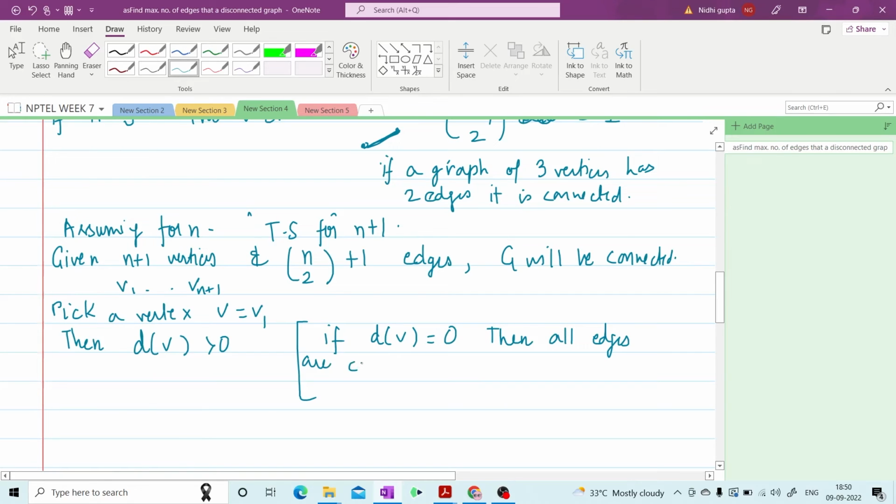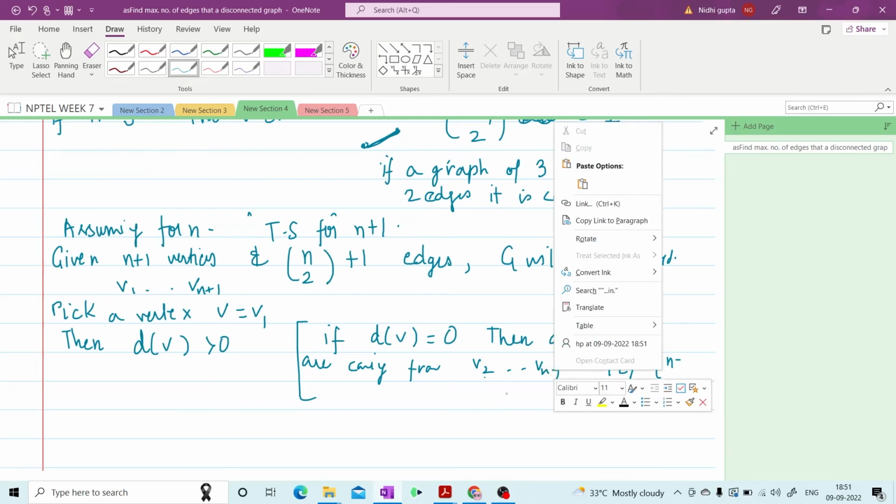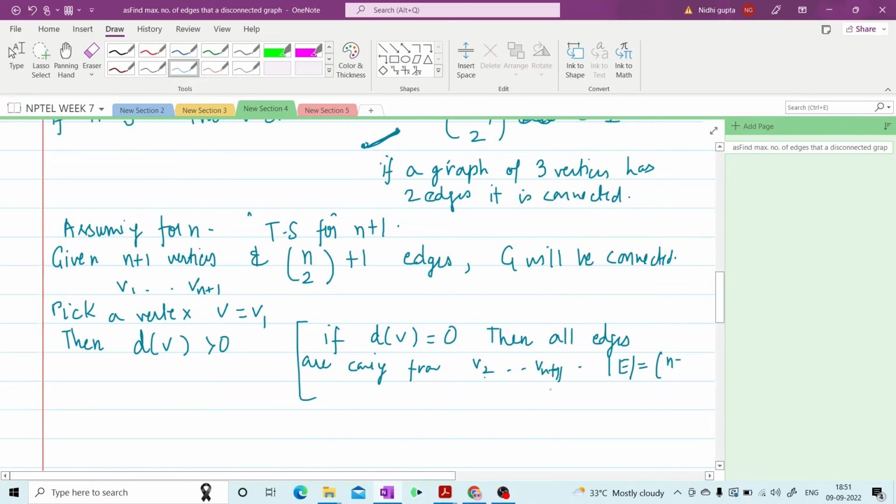are coming from V2 till Vn plus 1. So the number of edges: the complete graph on these n vertices, V2 till Vn plus 1, has n choose 2 edges. The maximum number of edges for a graph of n vertices is n choose 2.